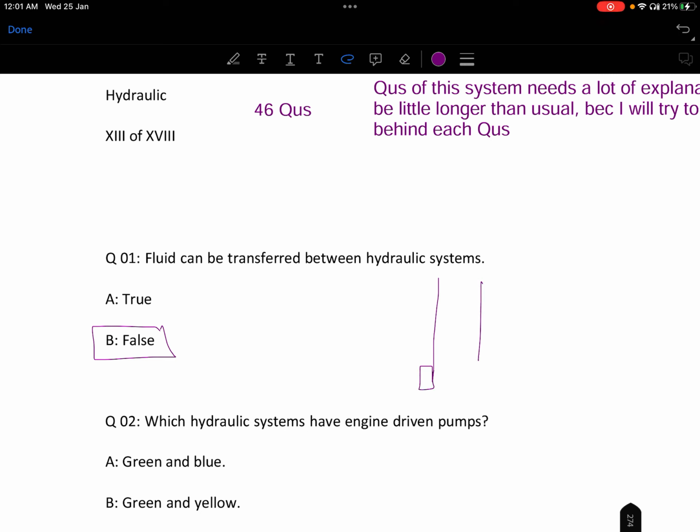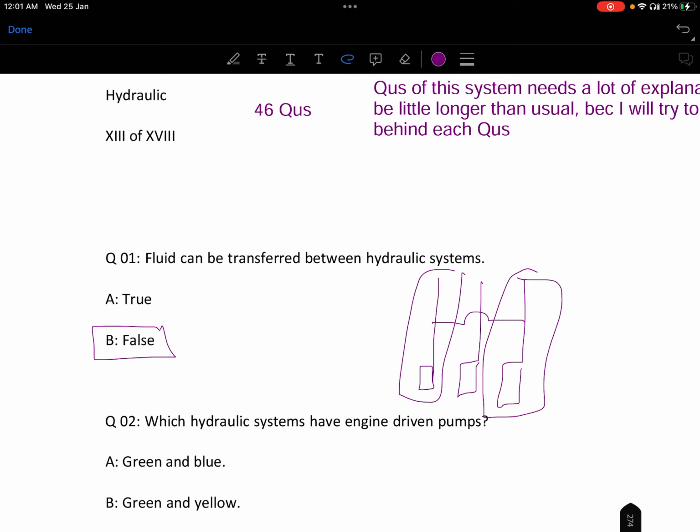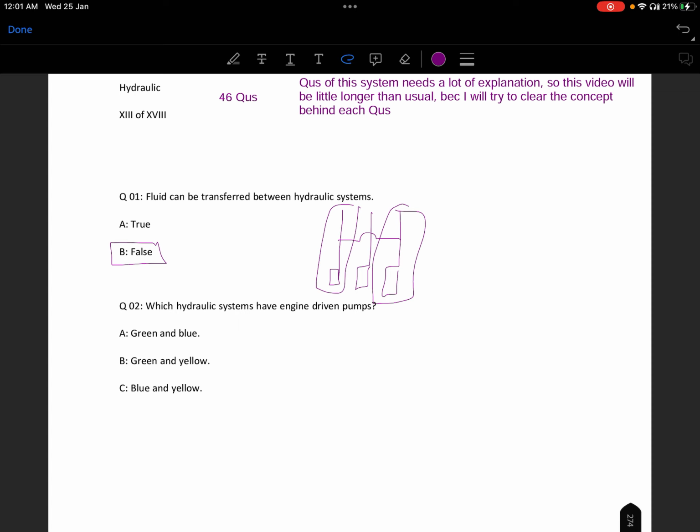And if you are thinking about PTU, then PTU can transfer the pressure between the two systems, which are green and yellow. It does not transfer the fluid, right? So false. Which hydraulic system has an engine driven pump? What do you think? It is green and yellow.